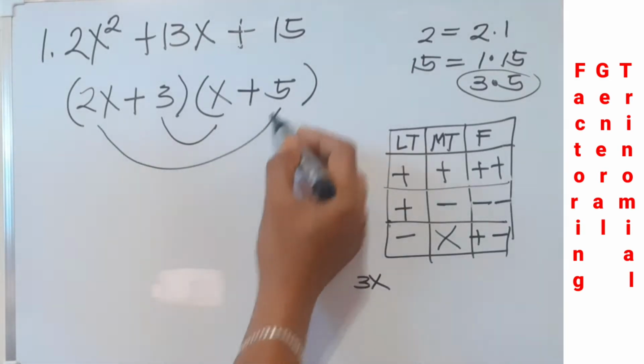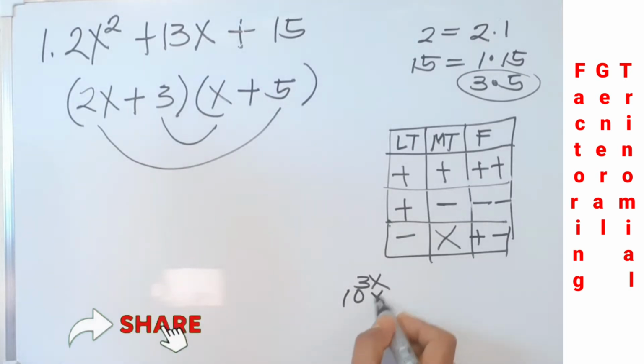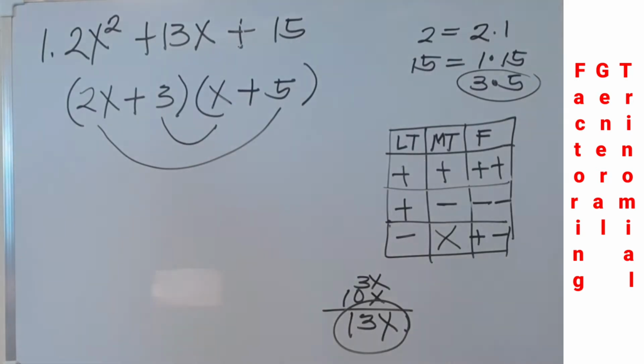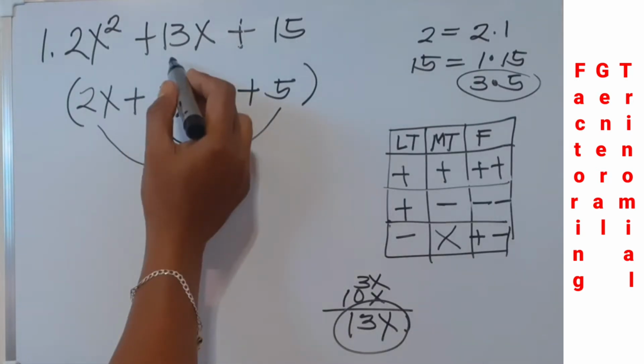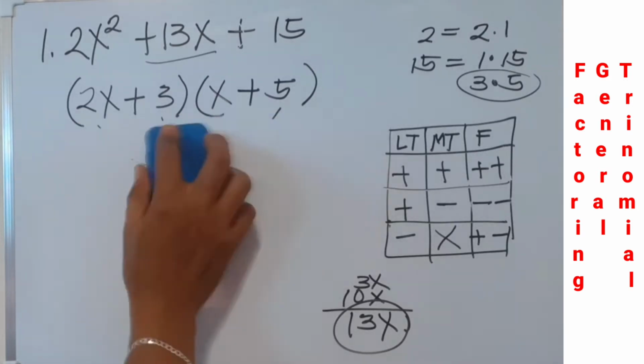Also the outer terms, 2x times 5 is 10x, so we have 13x. And 13x is the same with the middle term. Therefore, the combination of the factors are now correct.